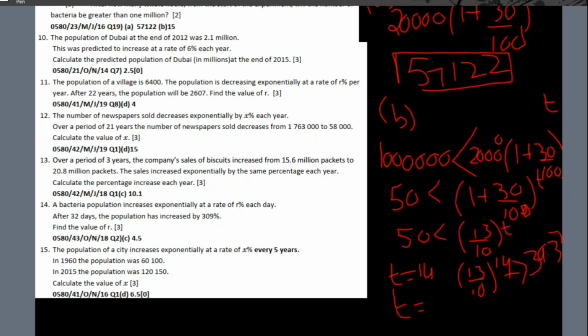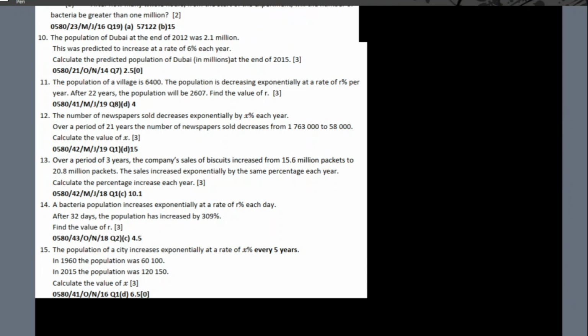Then at time equals 15, this would become bigger than 50. 13 over 10 to the power 15 becomes 51.1. So the value is time equals 15 for question 9 part B. When time is 15, the number of bacteria becomes greater than 1 million. Question 10.